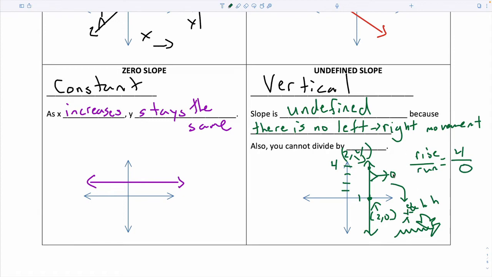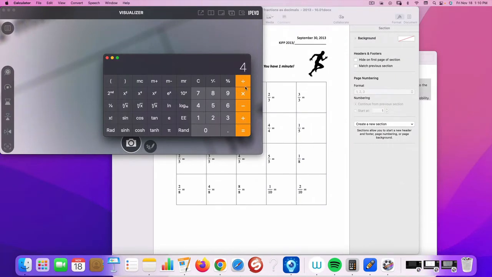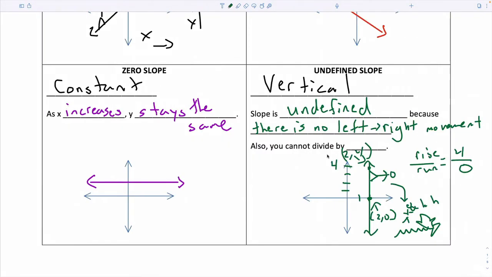If you have 4 divided by 0, have you ever tried to divide something by 0? Let's try. It's not a number. You cannot divide 4 by 0. Here's another way to look at it. Let's put 4 on the inside of a house and try to divide it. 0 goes into 4 how many times? You can't fit 0 into 4 at all. You can't divide 4 into 0 different sections.